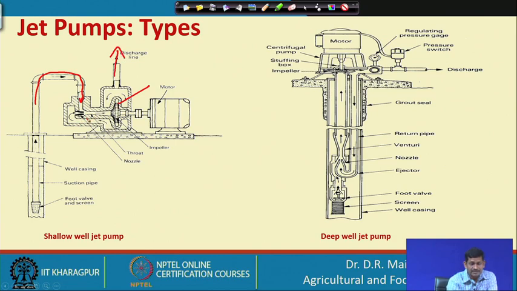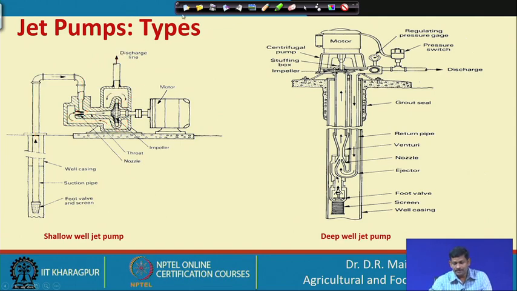The jet assembly is here. Some part of the water inside the pump goes into the jet, and that creates low pressure here, and that induces more water from the suction, okay.